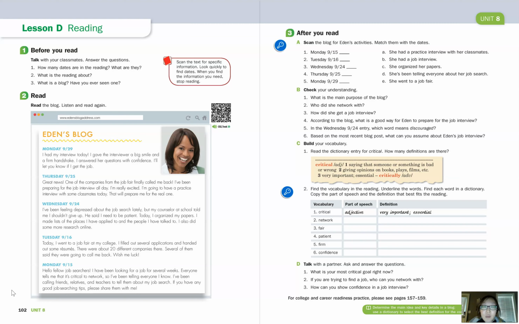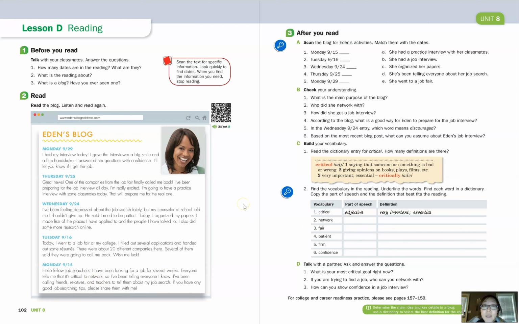Okay. So I'm not going to say all the definitions for each word because there are a lot. So I'm just going to describe the word briefly, and we're going to go over the parts of speech. Okay, so for number 2, network, let's find it in the article. You can see here it says it's critical to network. Okay, and 2 is a big hint, so we know that it's a verb.